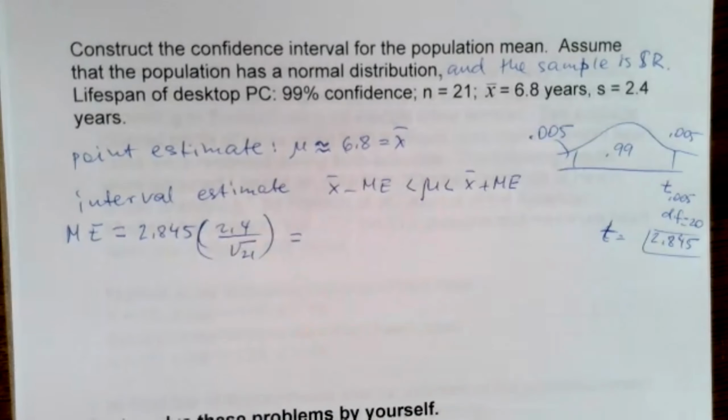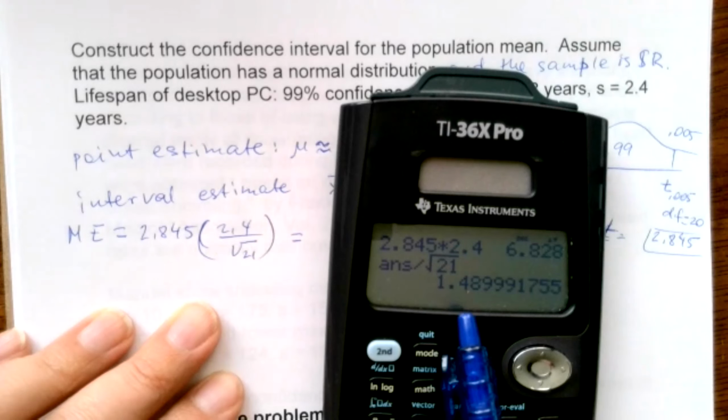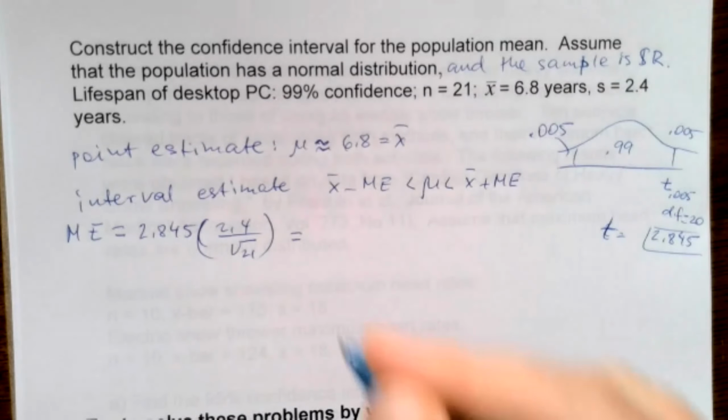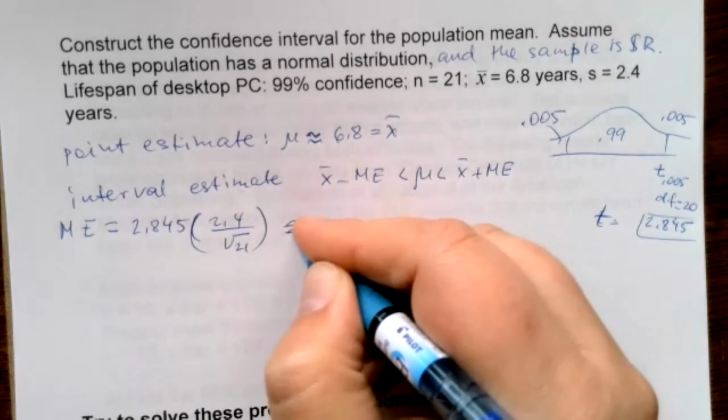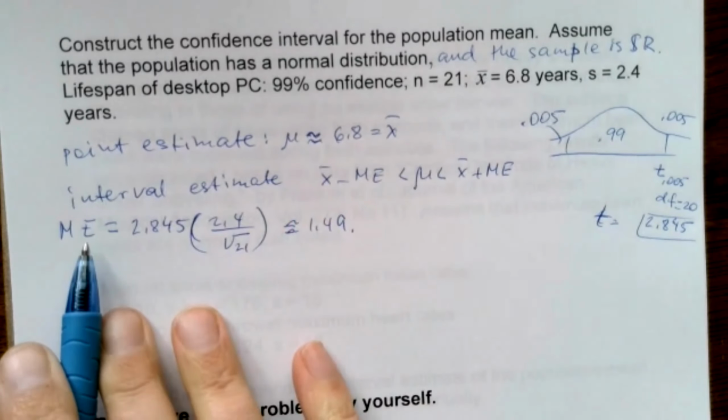When I put it into my calculator, I get approximately 1.49. That's my margin of error.